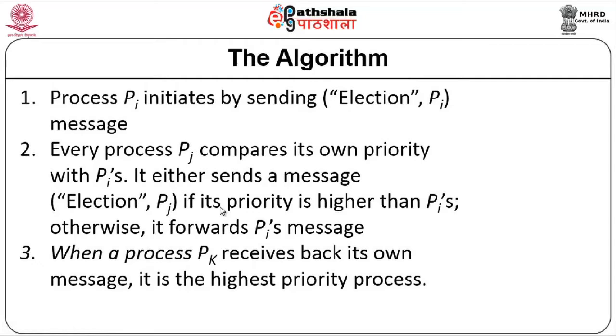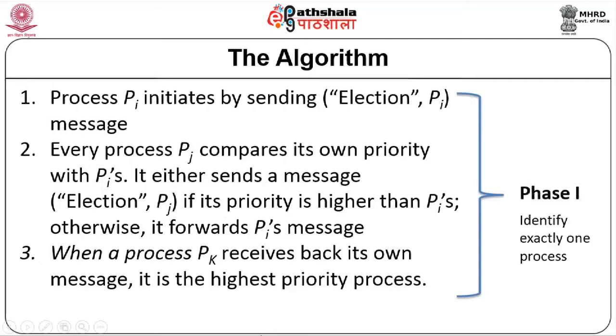In our algorithm, in the first 3 steps somebody initiates the election by sending election comma pi, every pj receiving the election message either forwards the message or changes the value from pi to pj and forwards it to the next node, and the highest process receives back its own message saying election comma pk.